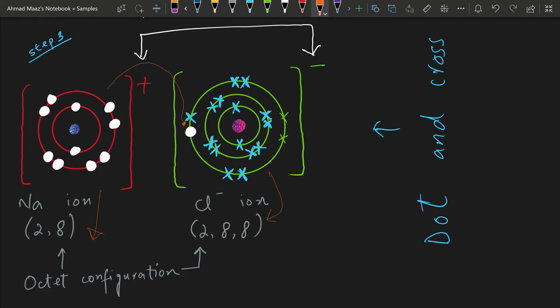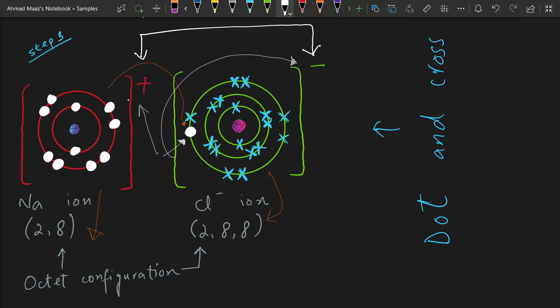These crosses were its original electrons, and this dot is an electron from sodium. It is still a dot just to differentiate that this is an electron from the sodium. This is the external electron which is responsible for this negative charge and this positive charge.